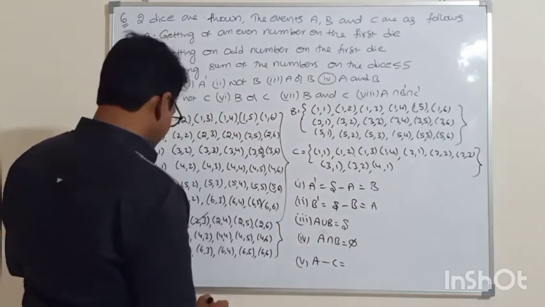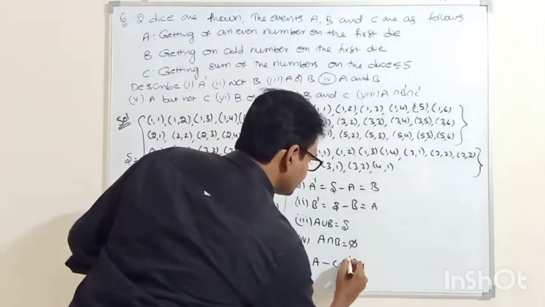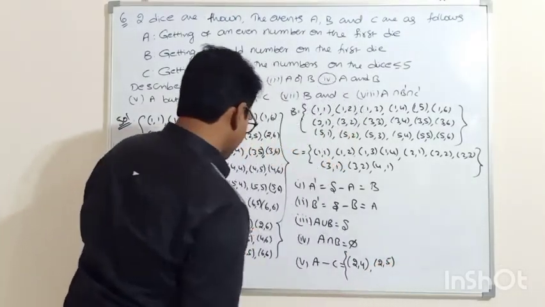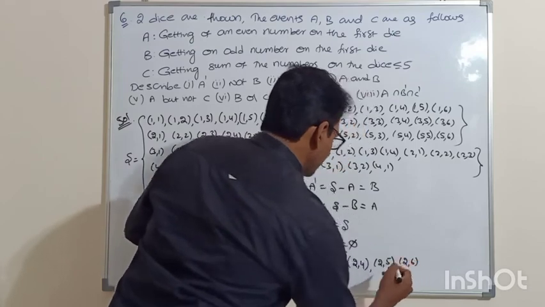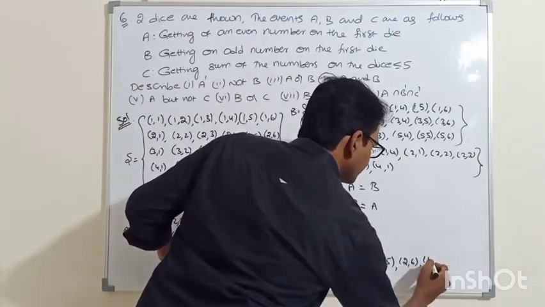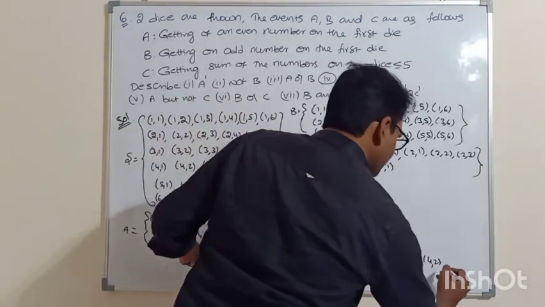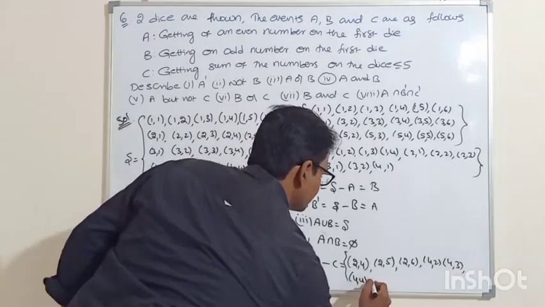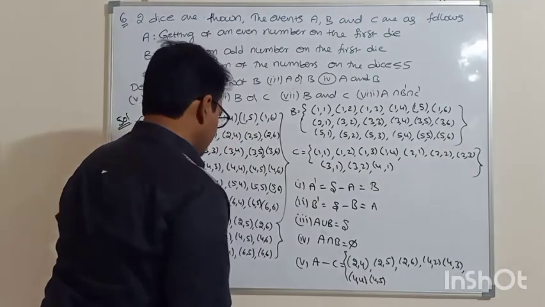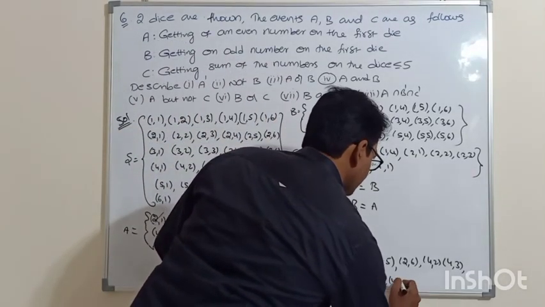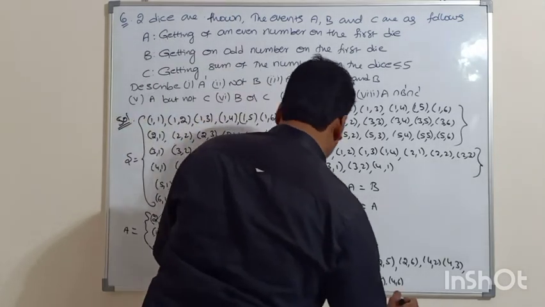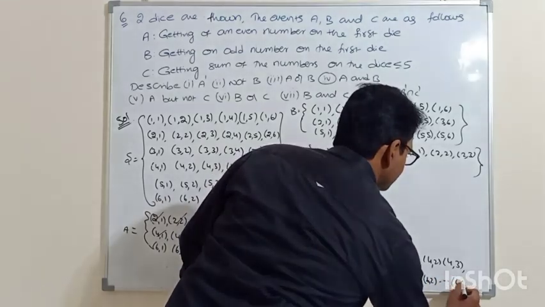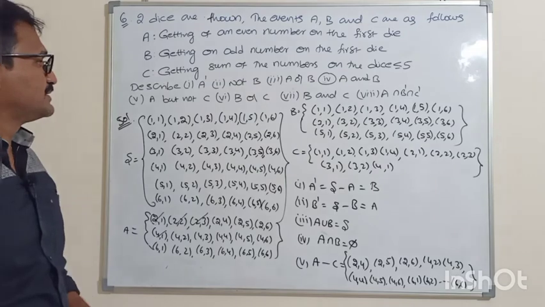Then we will get A minus C equal to 2,4; 2,5; 2,6; 4,2; 4,3; 4,4; 4,5; 4,6; 6,1; 6,2, and so on up to 6,6. This is A minus C.